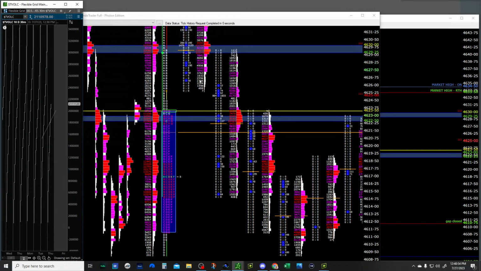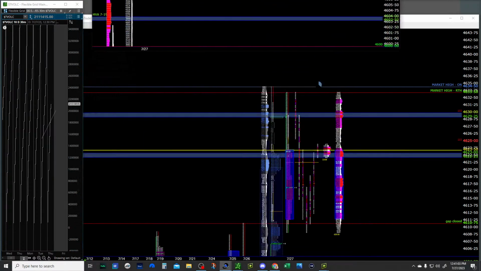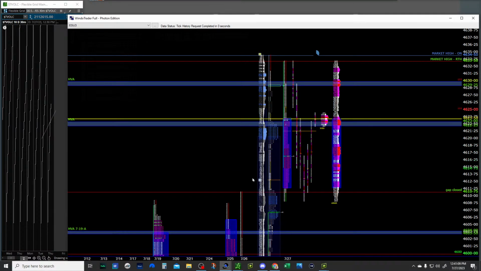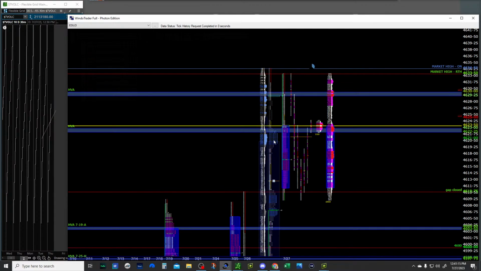We have a directional move, good volume. So this is more than just a counteraction to the overnight inventory. There's something going on here.